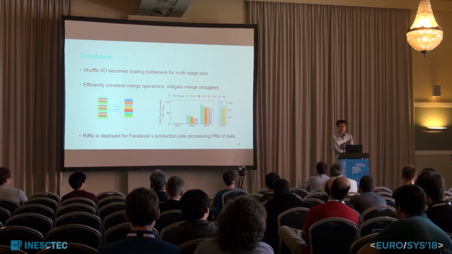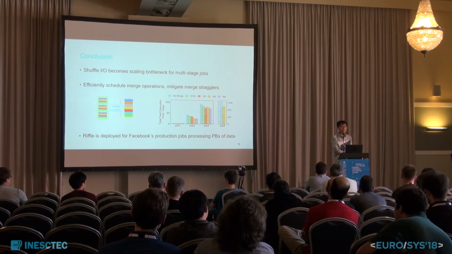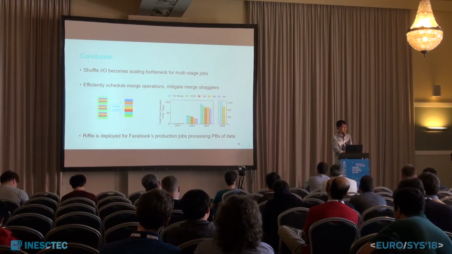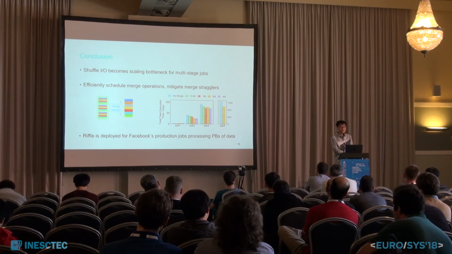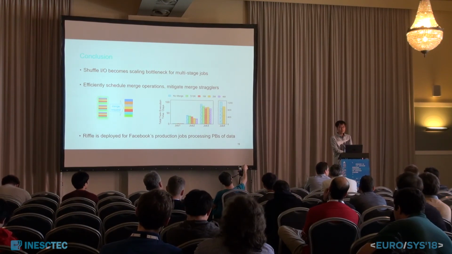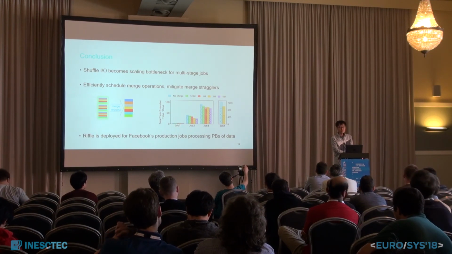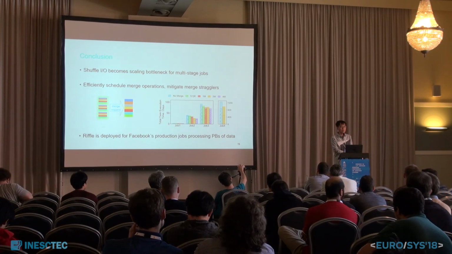Yeah, great question. So the question is that if the underlying storage system changes, will Riffle still benefit your storage system? We've certainly considered SSDs. There are a lot of SSDs deployed in data centers, but the major reason is cost effectiveness.